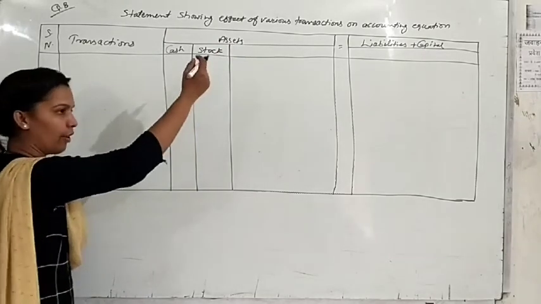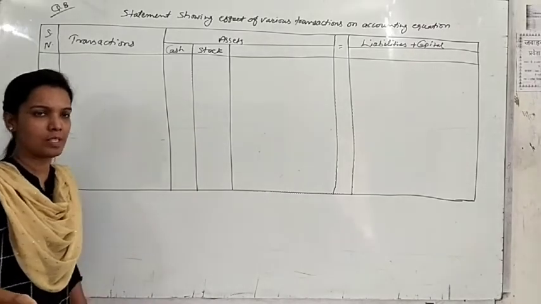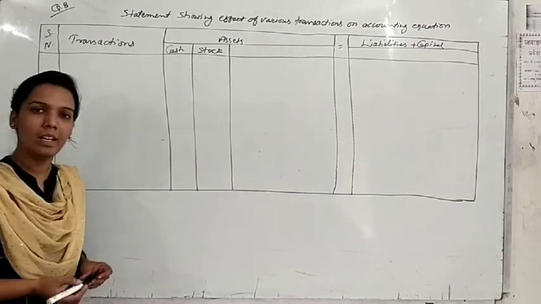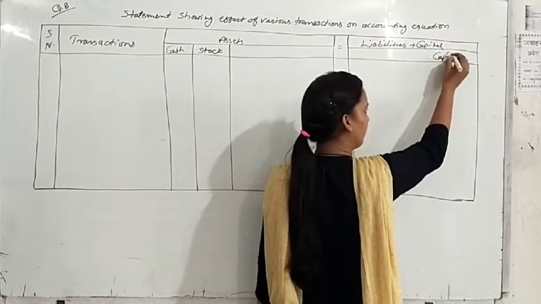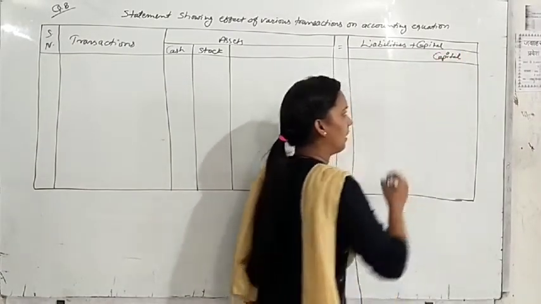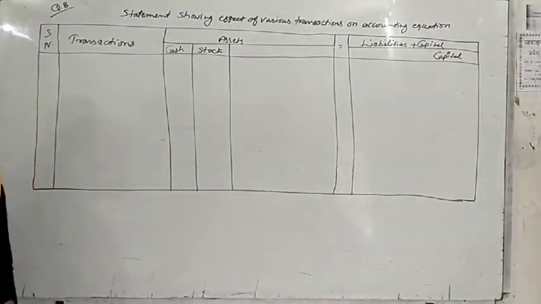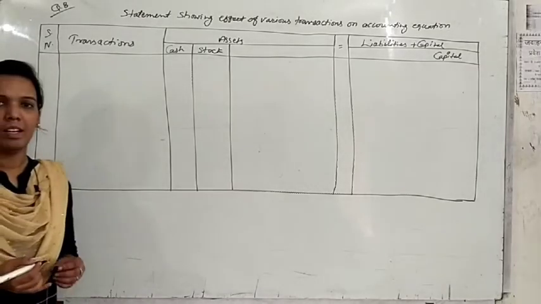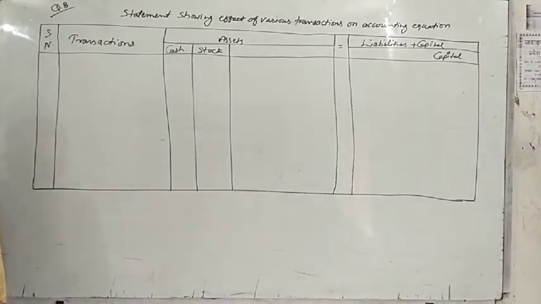Cash, stock or whatever assets that we are investing at the starting of business will all be included in capital. So the third column will be capital. Capital may be your cash amount, maybe stock, furniture, whatever you are investing at the starting of business. So cash, stock and capital.